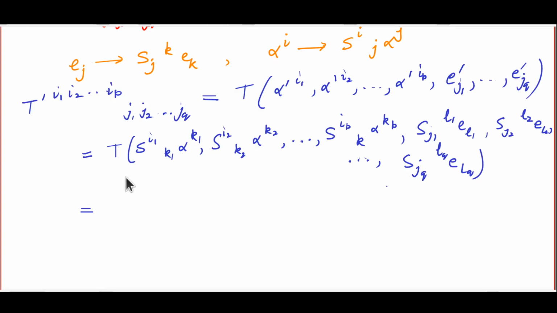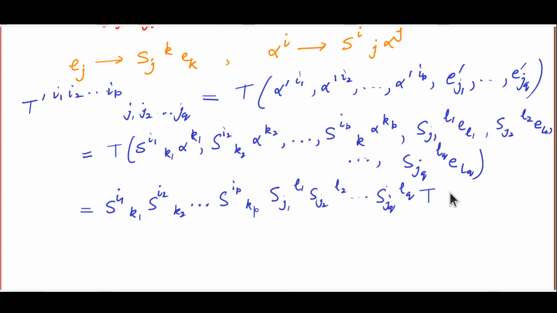The next step would be trivial because all you have to do is use the fact that this is a multilinear map, and hence you can pull out all these coefficients which are just numbers. So we first have a bunch of vector transformation coefficients which actually come from the covector basis SI1 K1, SI2 K2 all the way down to SIP KP. And then you have covector transformation coefficients which come from the vector basis transforming J1, L1, SJ2, L2, SJQ, LQ.